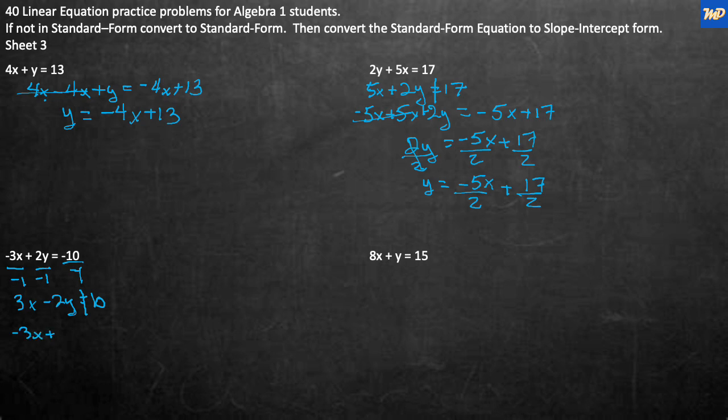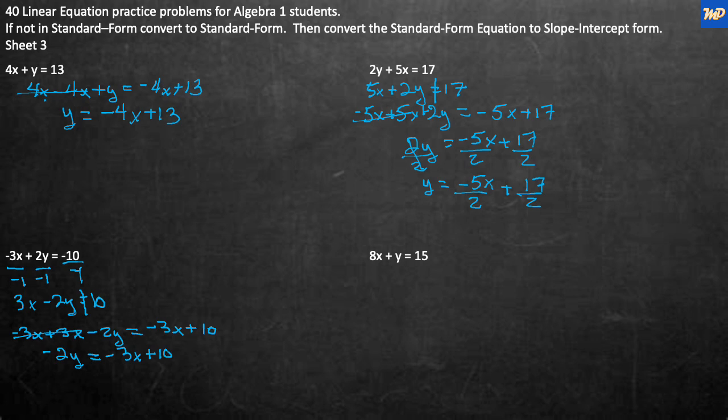We rewrite this part, 3x minus 2y, and we'll say equal, and I'm going to put the minus 3x first, and then I have a plus 10. The 3x's cancel. We end up with minus 2y is equal to minus 3x plus 10.